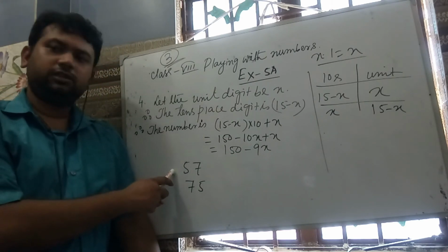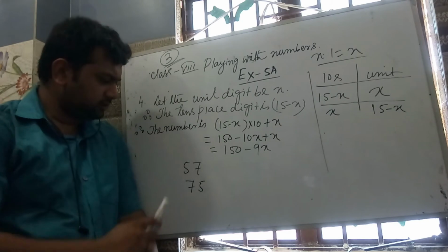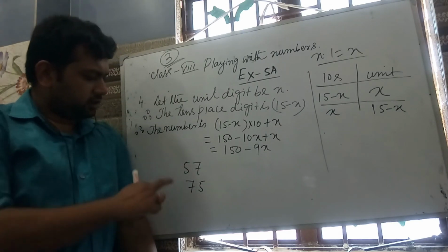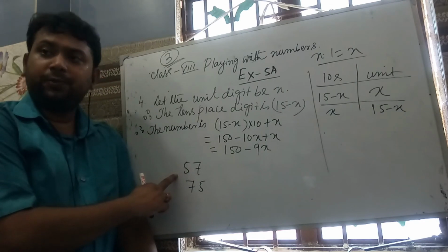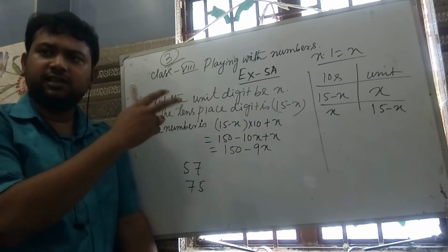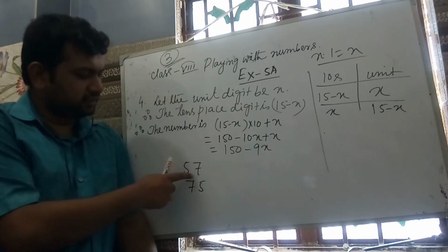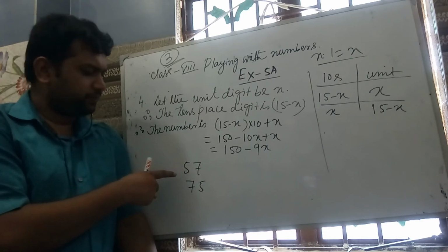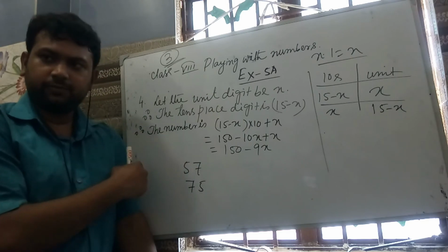So if we consider the number 57 as a two-digit number, and the number obtained by interchanging the digits: 7 is at the unit place and 5 is at the tens place for the number 57.